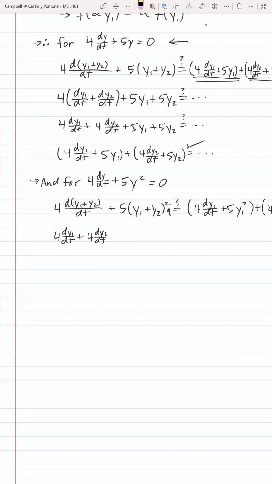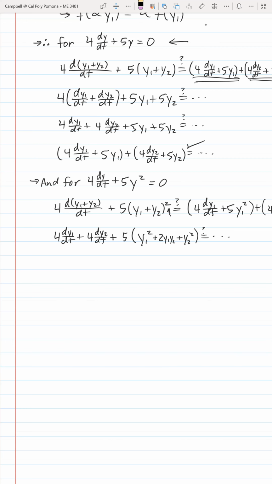We have to distribute things in a very specific way, and we end up with a 5y1 squared, which is great, plus a 5y2 squared, which is great, but the problem comes in with the 2y1y2. So we'll still keep the question mark: is that equal to the right-hand side?